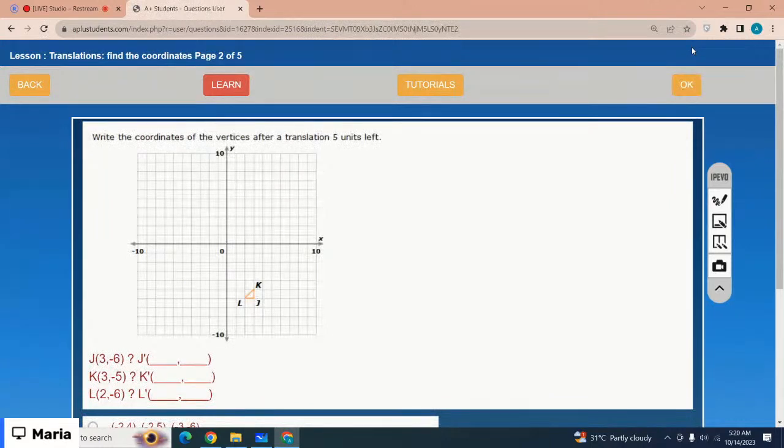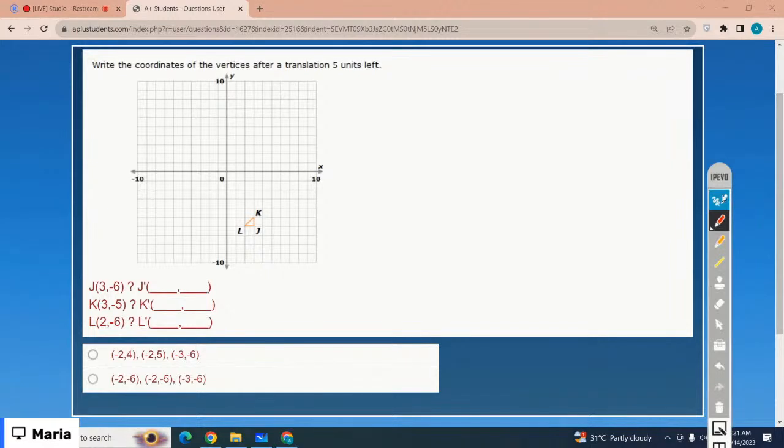Okay, write the coordinates of the vertices after a translation of 5 units left. So you are moving 5 units left, just the x coordinates are changed, y coordinates are exactly the same, right? Okay, 5 left. 3 minus 5, negative 2, negative 6.